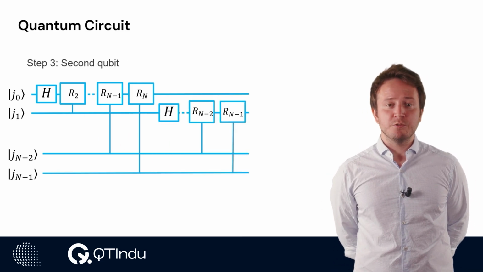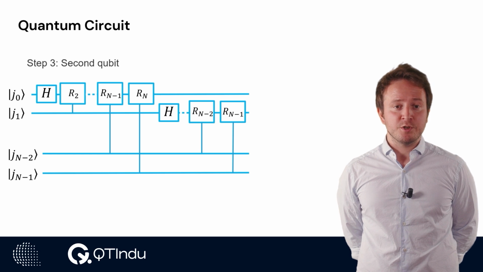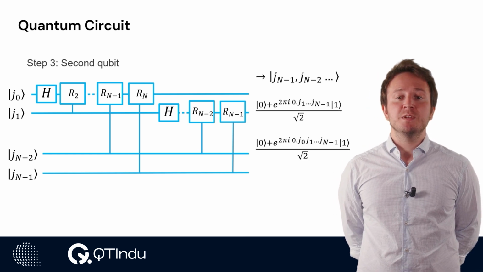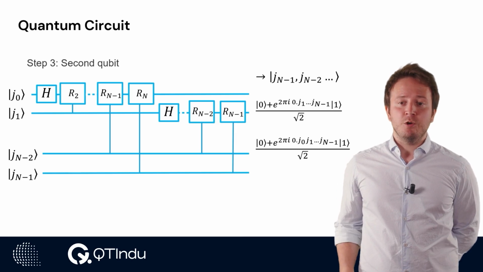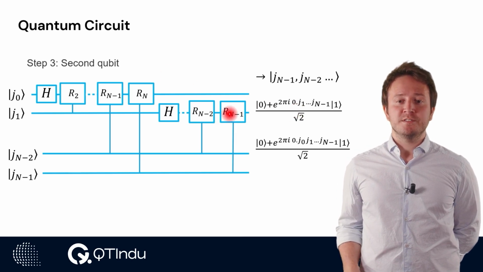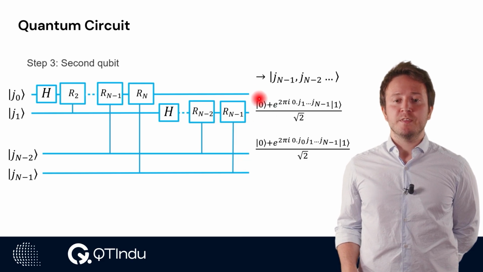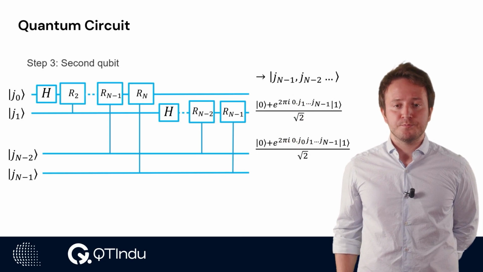So we now do essentially the same to the second qubit, the qubit in state j1. And what we find is a very similar state. But the only difference is that now the state of qubit 2 will depend on all the states but the first qubit. So essentially in this binary number, we don't have the state j0.